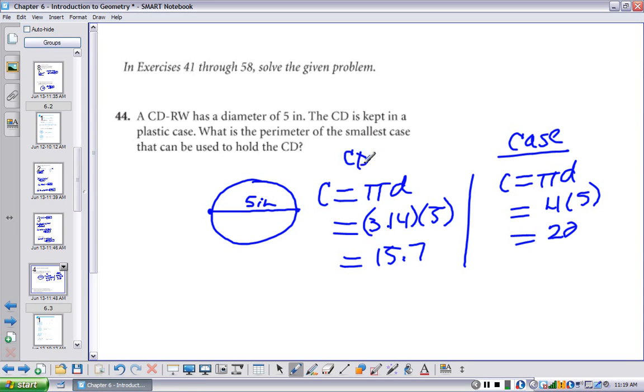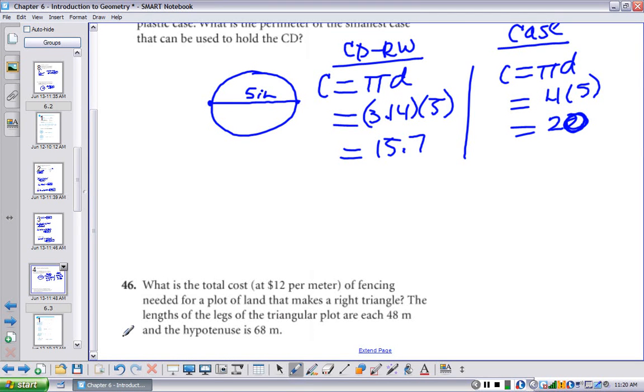This is the CDRW itself. It has a circumference of 15.8, but the case is going to have to be a little bit bigger. So they take the 3.14 that we use for pi and they round it to 4. And as I said, they should give you a little bit more information there on what to do, but they don't.